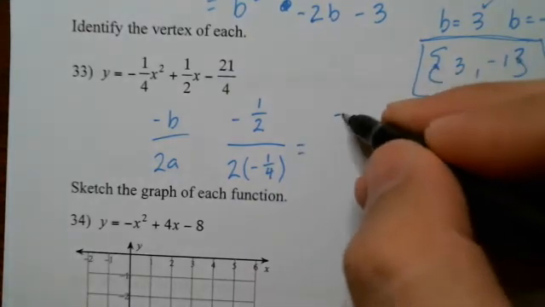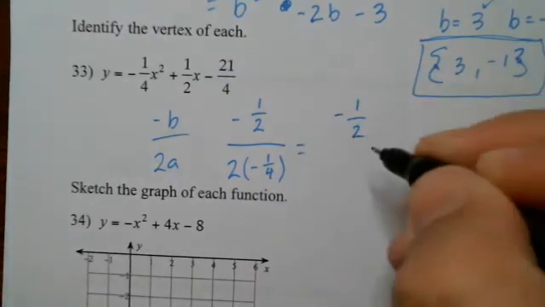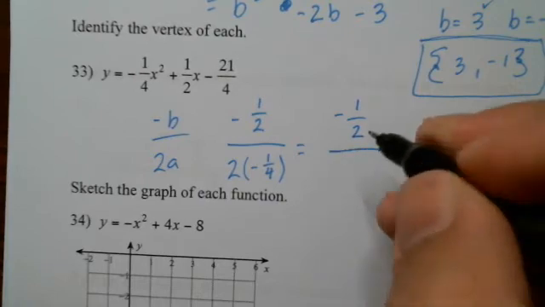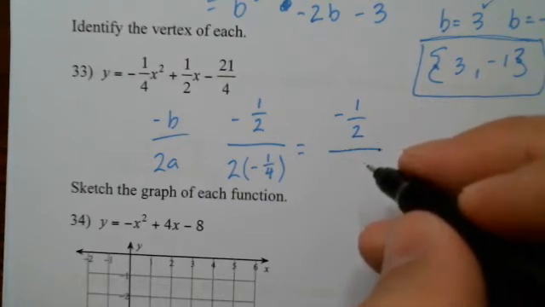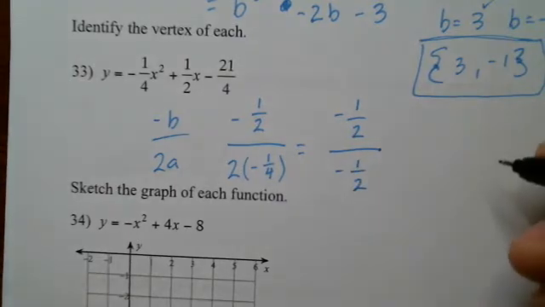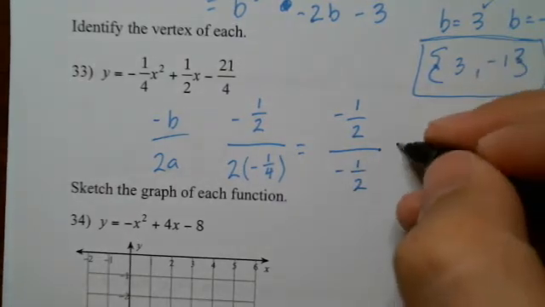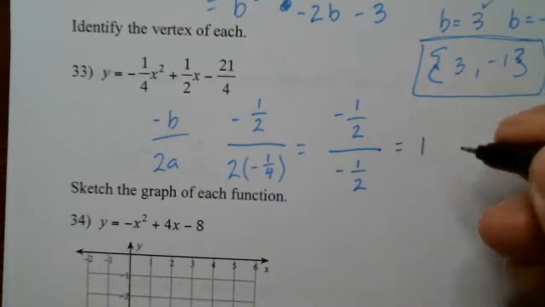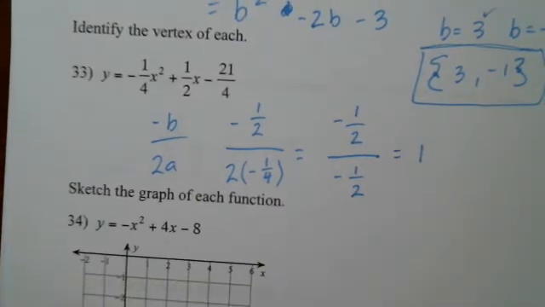So that's going to be negative 1 over 2 over negative 1 over 2. So that should equal 1. Can somebody confirm that the vertex in 33, the x coordinate is 1? Yeah, it is. Okay, cool.